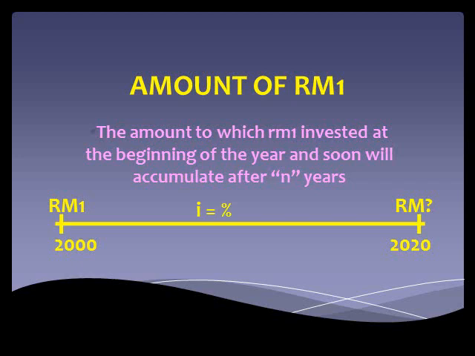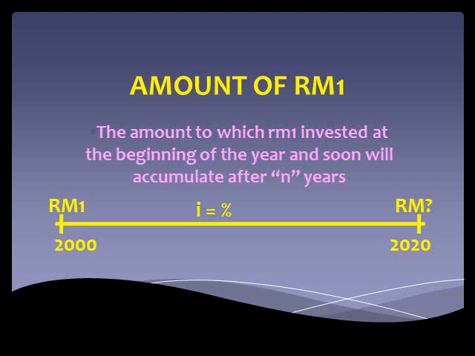5% interest. If you put your money in financial institutions, of course you will receive returns in the form of interest, rate of returns or yields. That is something we need to take into consideration in order to calculate the accumulated amount of your money after a certain period of your investment.